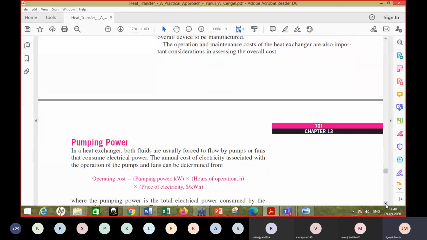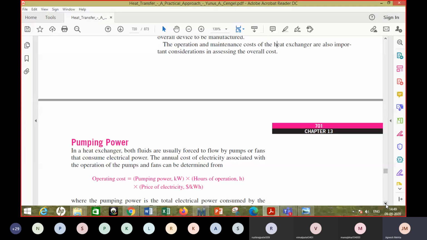And as we discussed earlier, when you want higher effectiveness, you can go on increasing NTU, but then the cost also increases. So you will have to compromise and settle at a particular value of effectiveness, because otherwise the cost will be too high. And similarly, during material selection, for example, aluminum and copper are very common materials which are used in heat transfer processes.